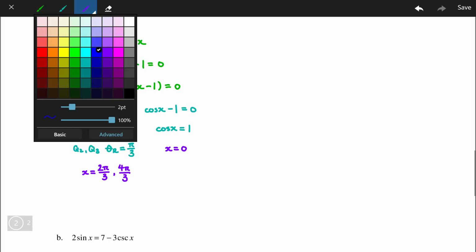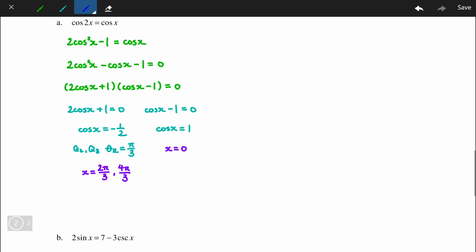In this case, the first solution is going to be x equals 2 pi over 3 plus 2 pi n. The second solution is going to be 4 pi over 3 plus, again, 2 pi n. And also, of course, just 2 pi n for the x equals 0 answer. And in all cases, n is an integer.